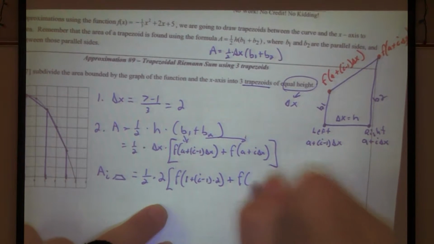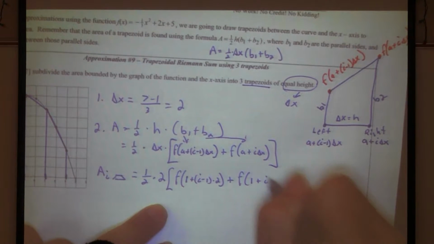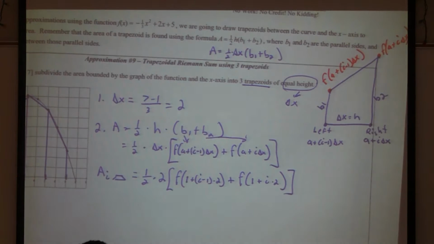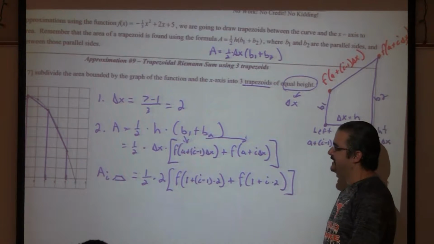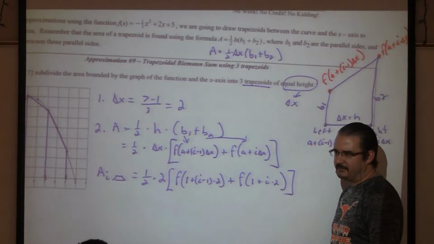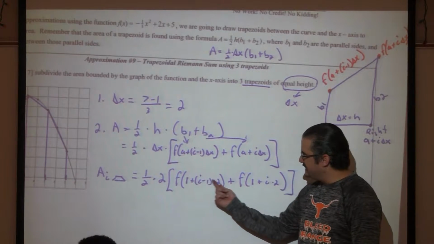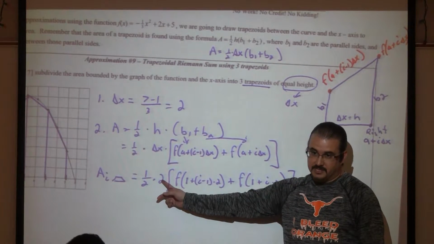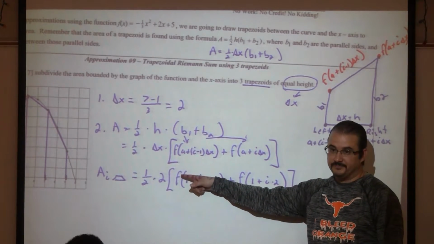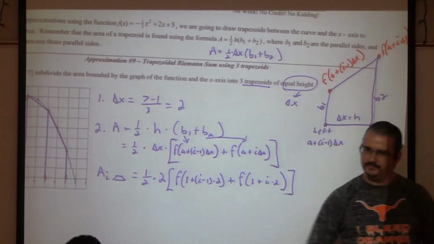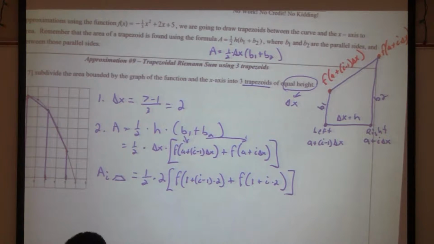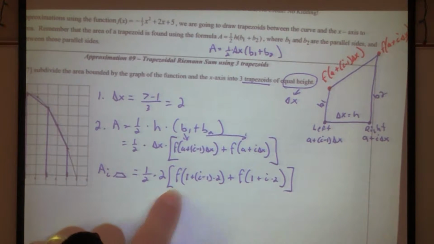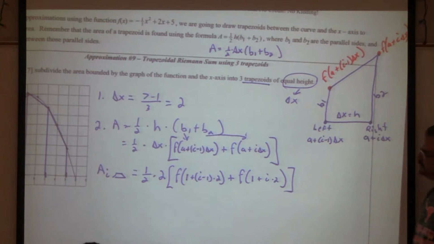Plus f of 1 plus i times 2. You see how it's the left and the right, and then just divided by 2? Remember, it was this times delta x, this times delta x, which is right here. Since they both had it in common, they took it out, right? And then divided by 2. Remember, we would do this and then delta x, this and then delta x. The left plus the right.